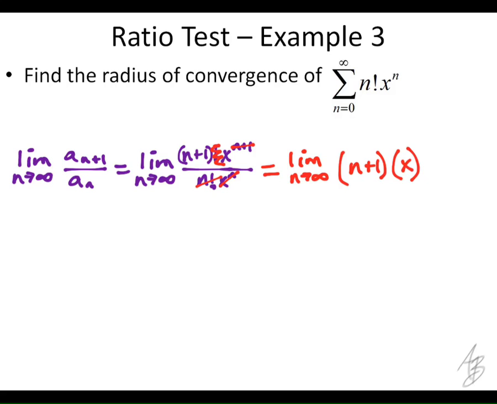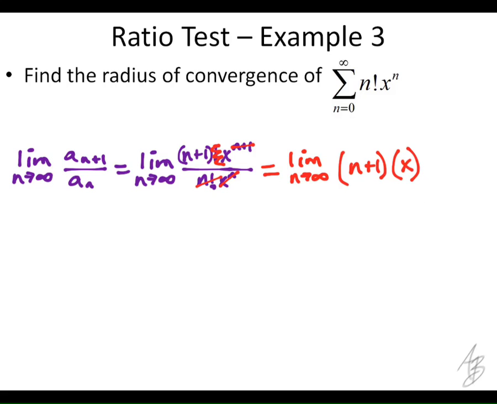If x is equal to 0 here, we would have infinity times 0, which seems to be one of those indeterminate forms. But x is not approaching 0. Remember, the indeterminate forms are when the values approach 0 and they approach infinity. Since x is equal to 0, or if x is equal to 0, then 0 times any number, no matter how big n gets, 0 times that number is going to be 0.